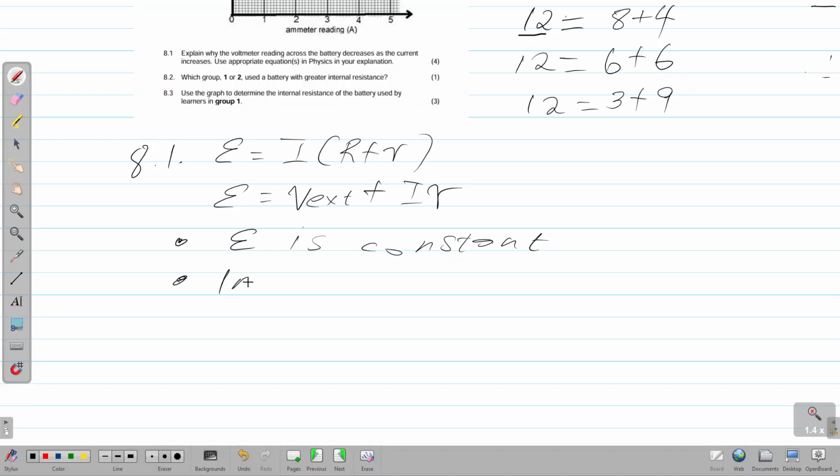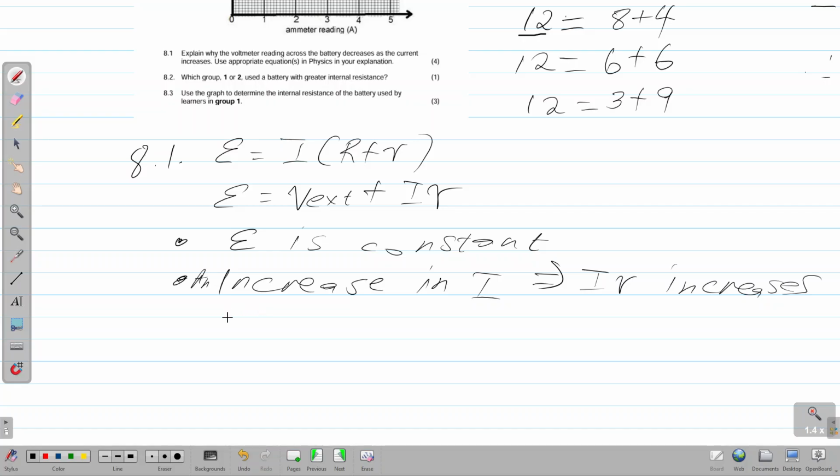So if I increase the current here, it implies that IR increases.